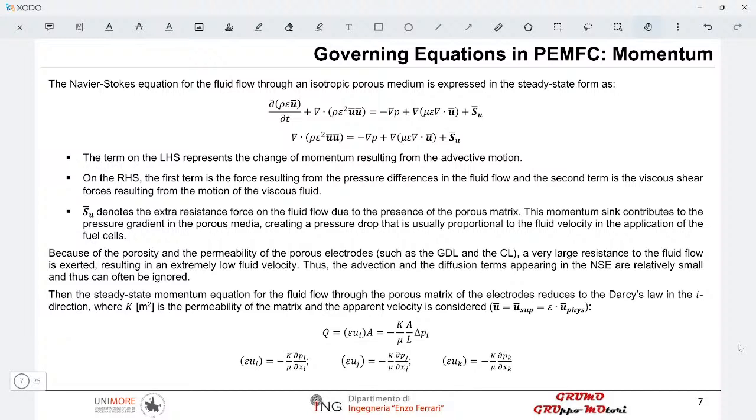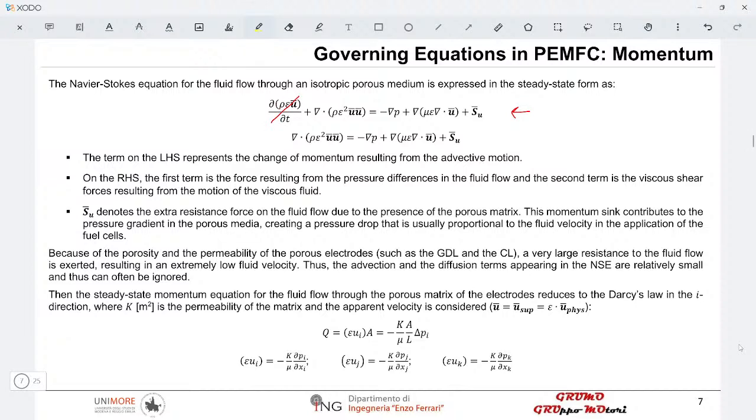We always write epsilon times u to account for the possible application of this equation to porous materials. Here in the first equation, if you change the epsilon value to 1, you recover the standard Navier-Stokes equation for fluids. Okay, but let's keep epsilon so that it can be applied also to porous materials.